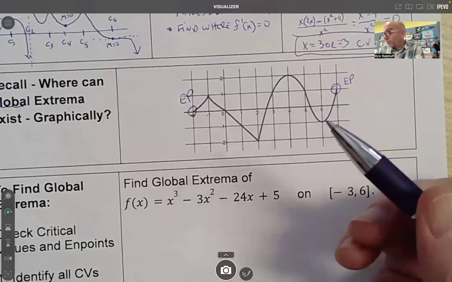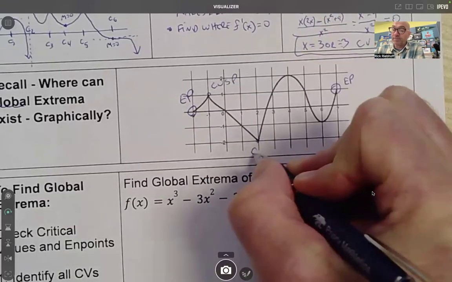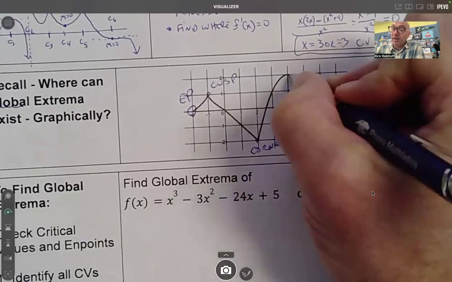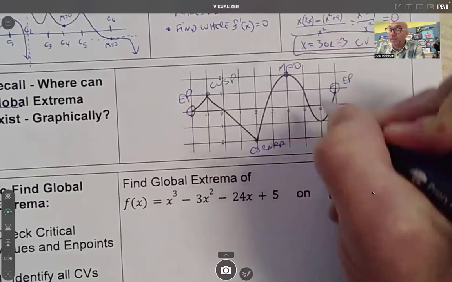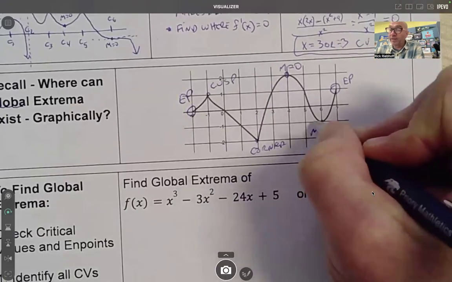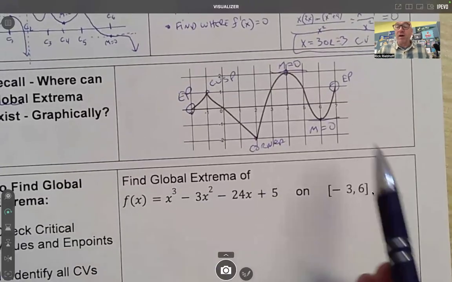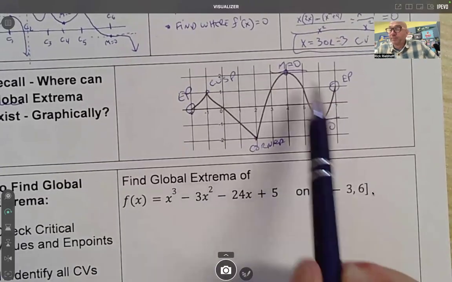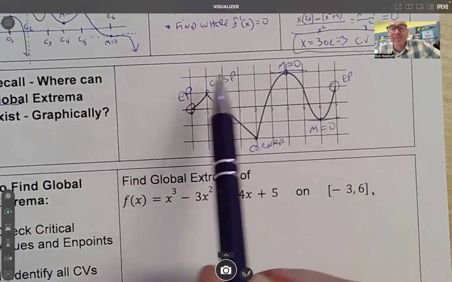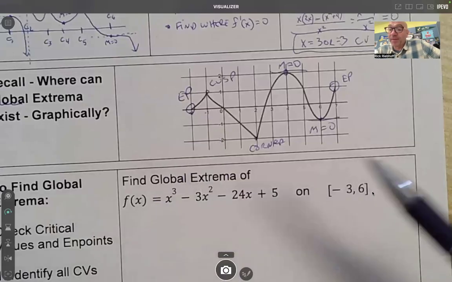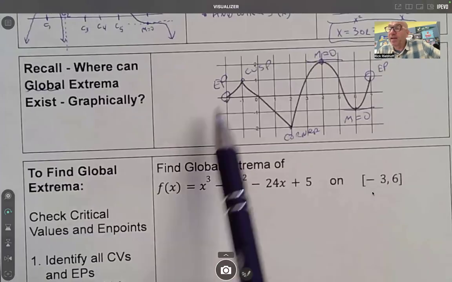We can also have one at a cusp or a corner, or anytime the slope is equal to 0, the slope of the tangent line equals 0. So any of those points are where we can end up finding a global max or min. They can appear at any of those.